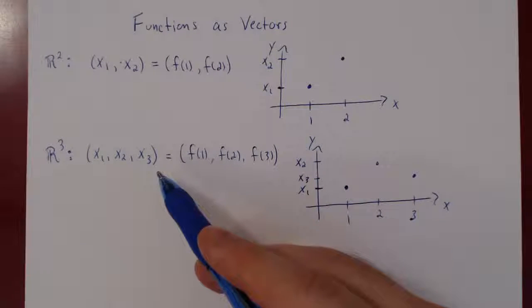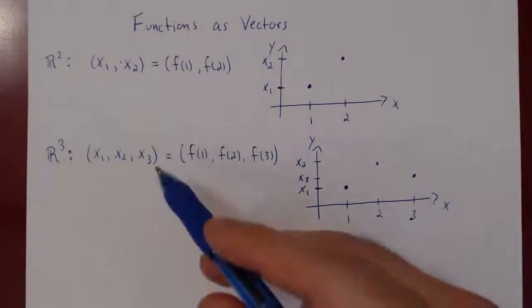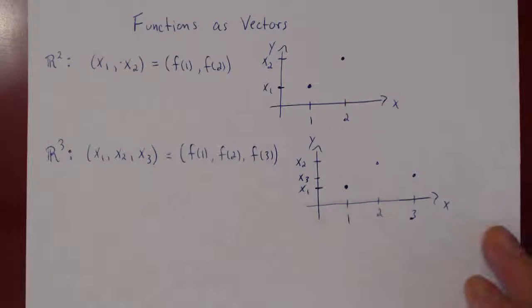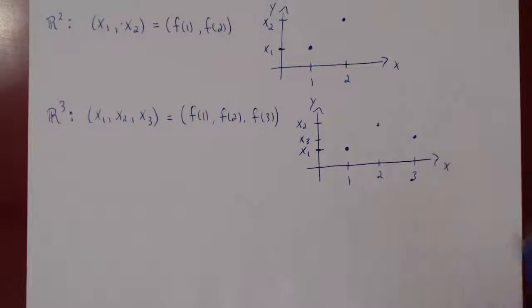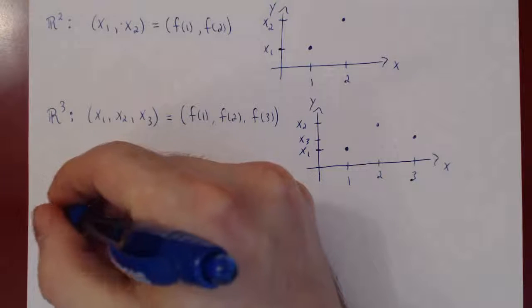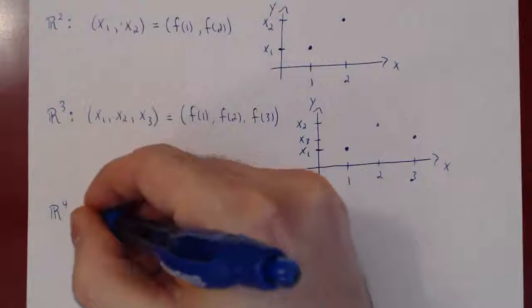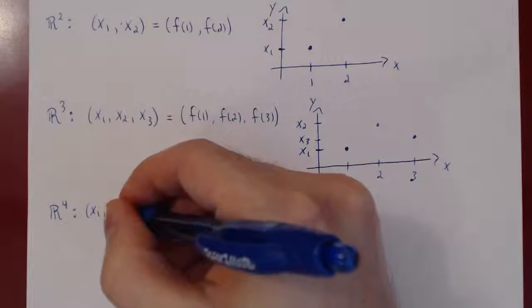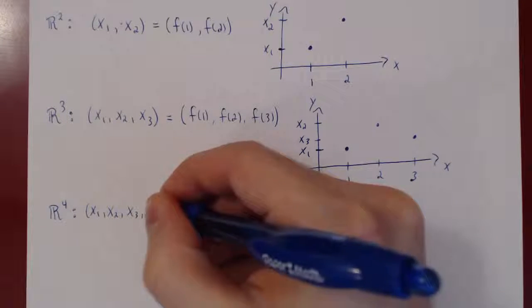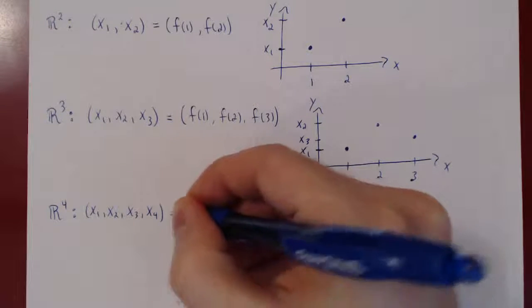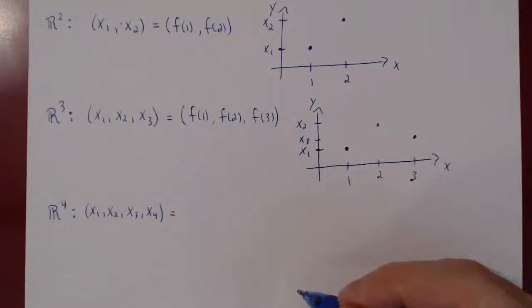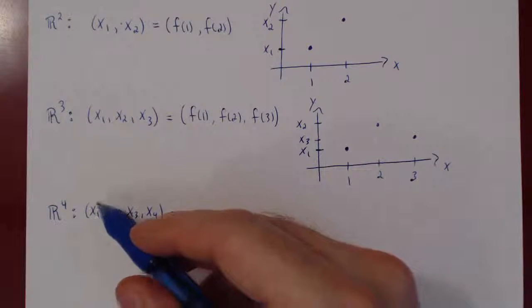Let's look at R4. We can naturally extend R3 to R4 by adding a fourth component to our vector. And now we have an assignment of four values. To 1, we assign x1.